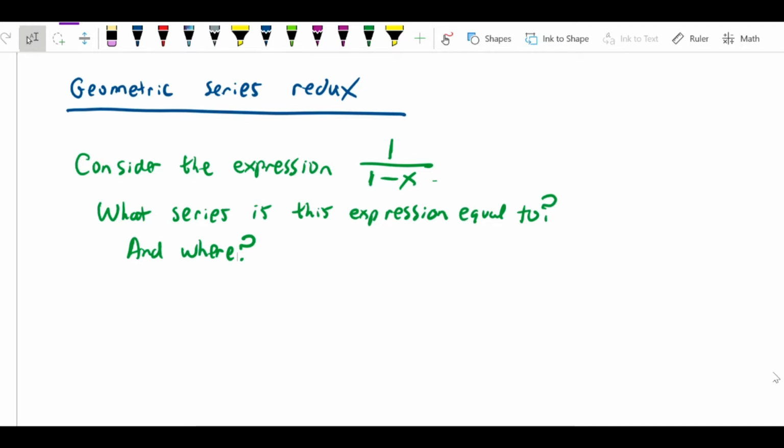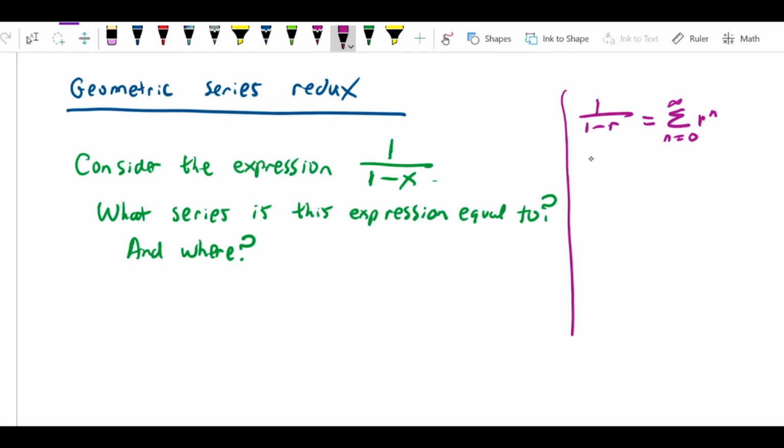Well, if I had instead asked what 1 over 1 minus r is equal to, you very readily would have come up with the geometric series. We know the sum from n equals 0 to infinity of r to the n is a geometric series with common ratio r, and its sum is 1 over 1 minus r.